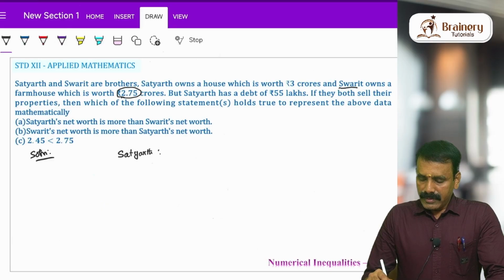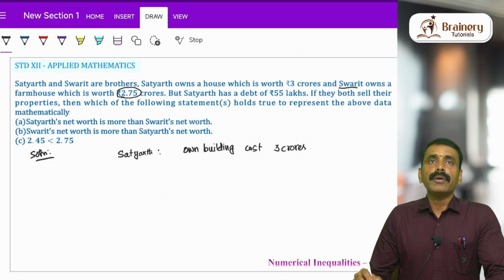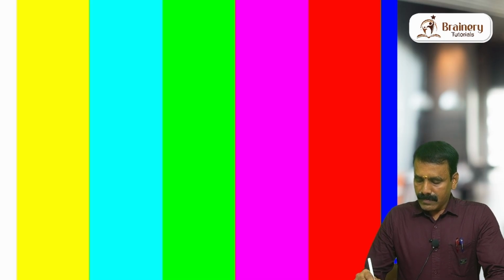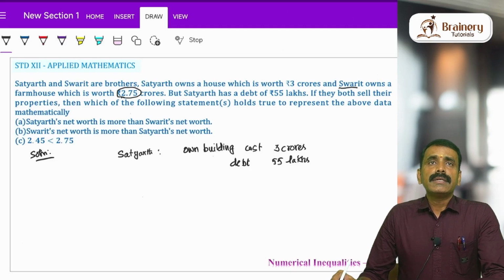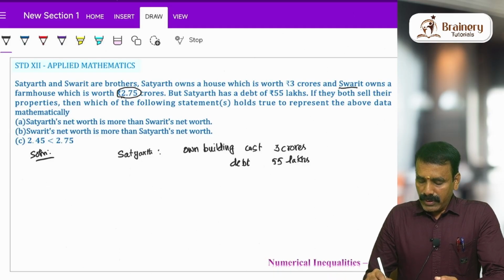He is going to have his own building, costing 3 crores. But he is going to have a debt of 55 lakhs. So when he sells his building, he will be getting 3 crores, but he has to repay his debt of 55 lakhs. So what is the net worth of Satyarth?